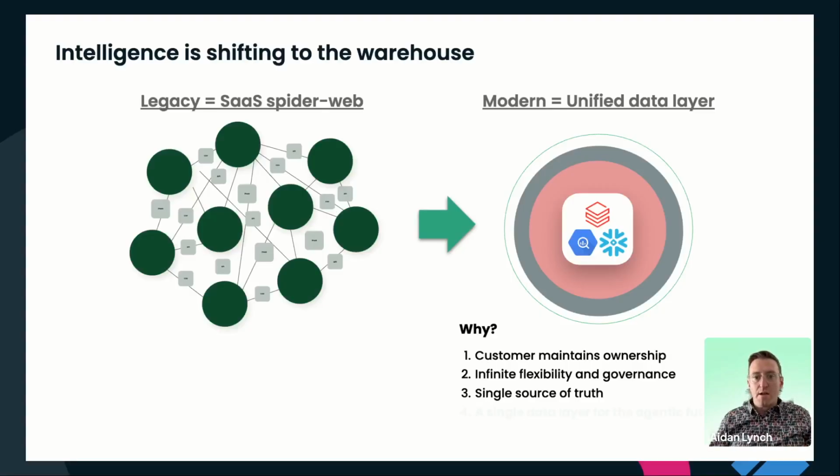So this rise of Snowflake, Databricks, BigQuery, organizations wanted to maintain ownership of that data, in a single source of truth, to have it governed. And that's become really important now as we enter into this agentic age. When you have the ability to centralize all of that data, it's really important for that to all be together for the agents to start interacting with that for the whole of enterprise.